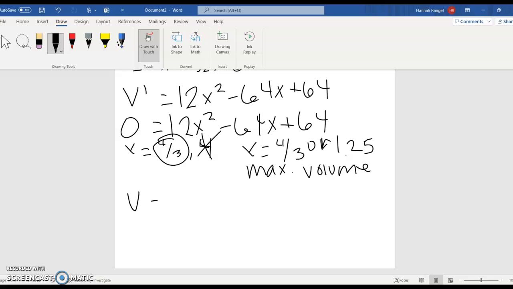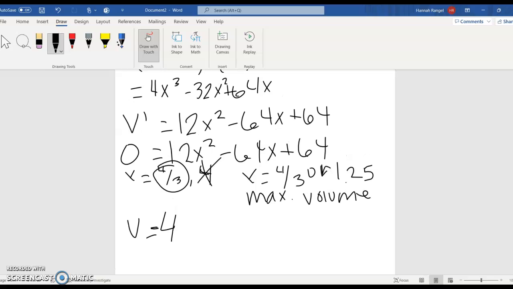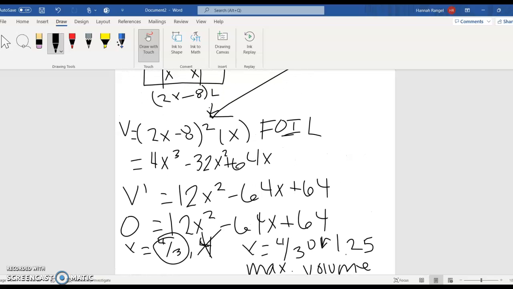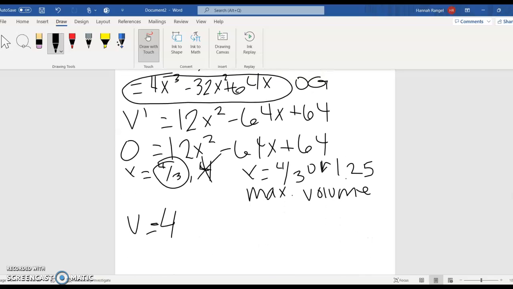When you do that, our original equation is this, so I'll just label it OG: 4 times 4/3 to the 3rd power minus 32 times 4/3 squared plus 64 times 4/3.